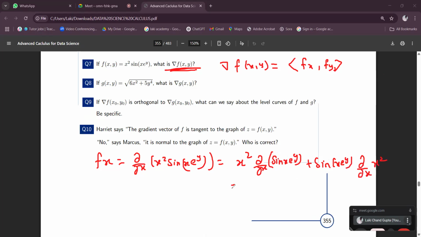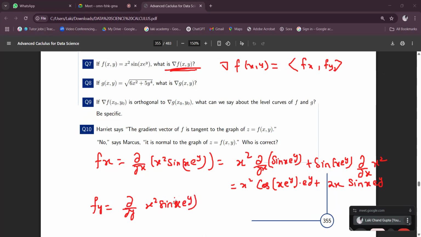Derivative of sine is cos x to the power y. This is 2x; derivative of x square is 2x. Now find f of y. x square is constant.